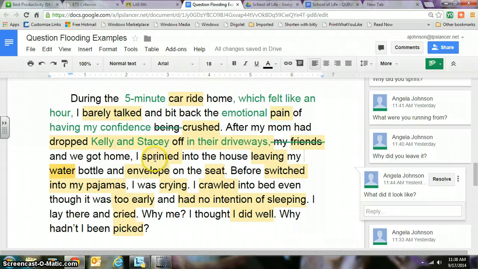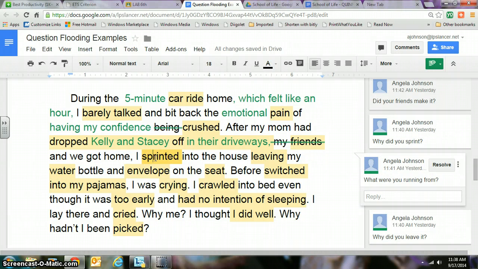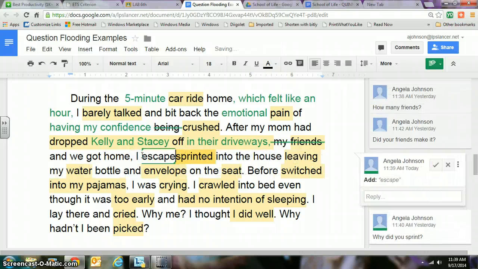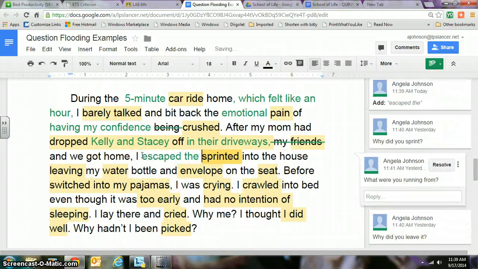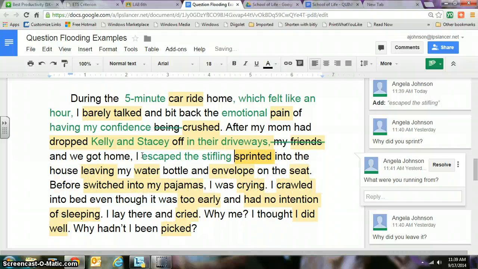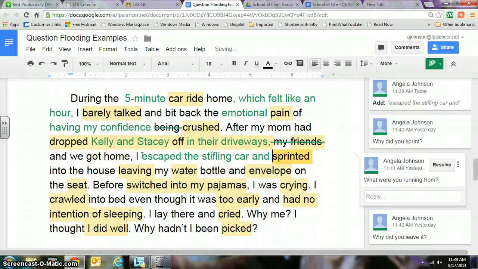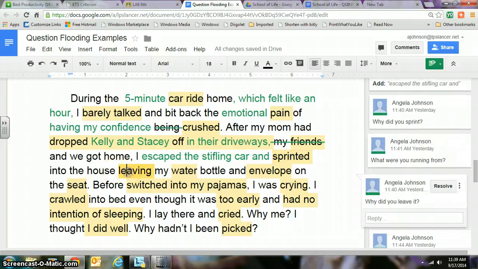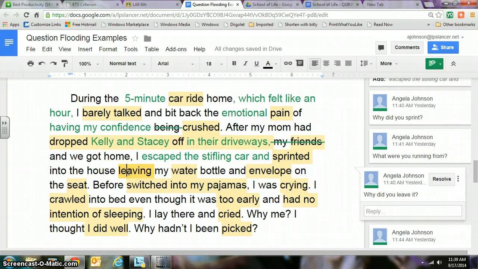the house. Sprinted. What was I running from? I escaped the stifling car, and I was running from the car. I wanted to get away from that closed feeling. I escaped the stifling car and sprinted into the house, leaving, why did I leave it?